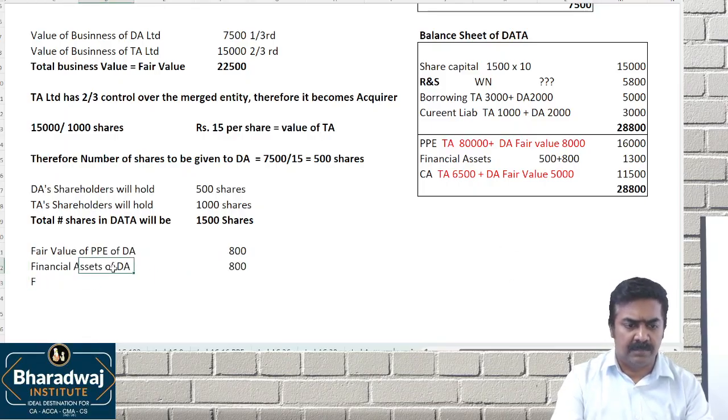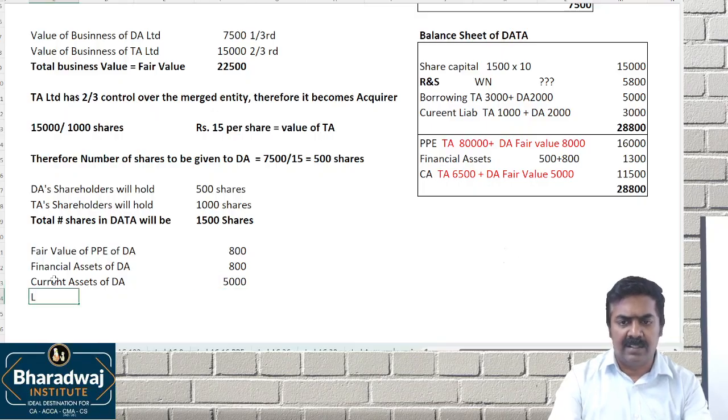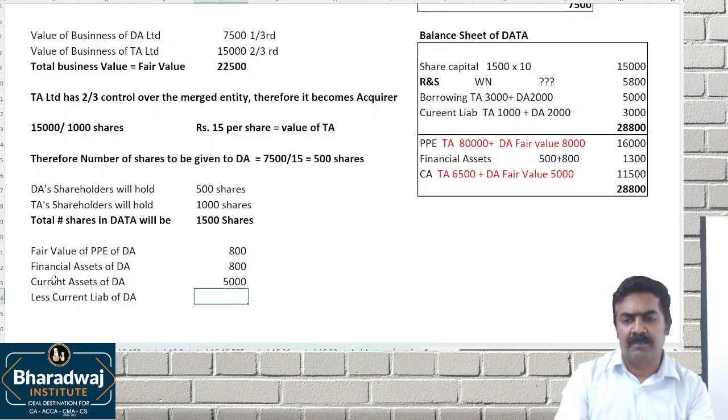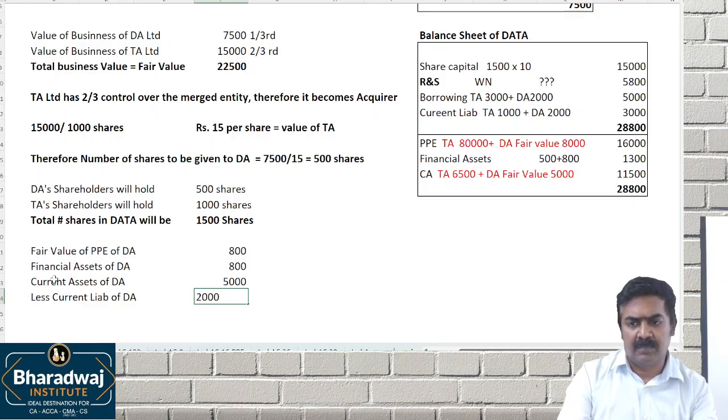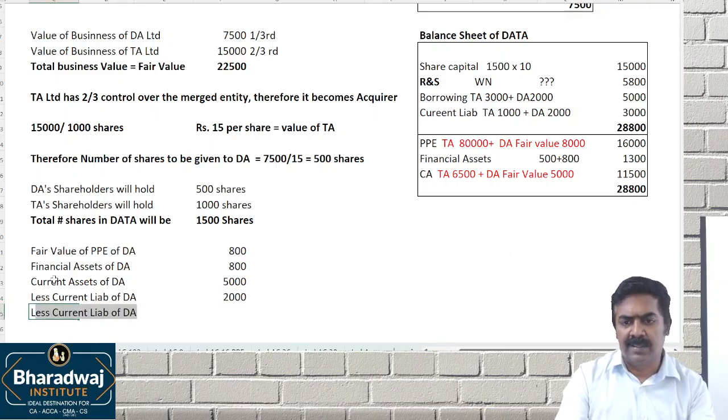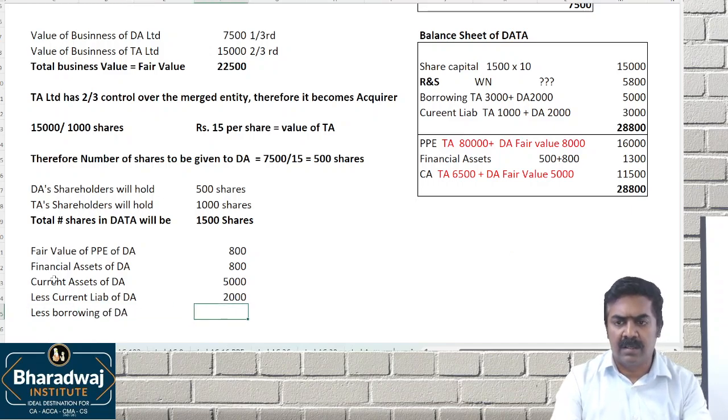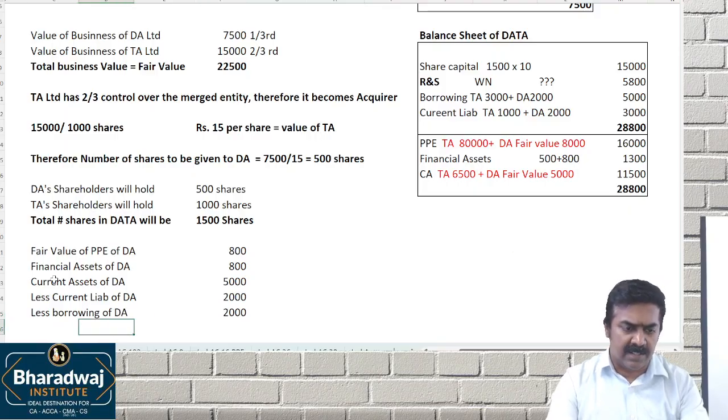Then which one? Current assets, 5,000 fair value, then less current liability of DA. What is the current liability of DA? 2,000. Less borrowing of DA. What is the borrowing of DA? 2,000. So net assets.